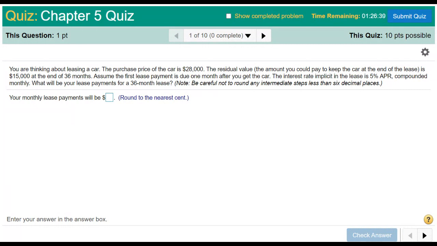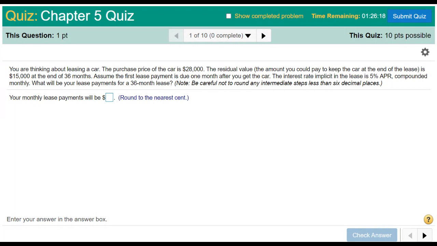We subtract that from the 28,000. Once we subtract that from the 28,000, the answer we get is how we calculate our monthly payments.